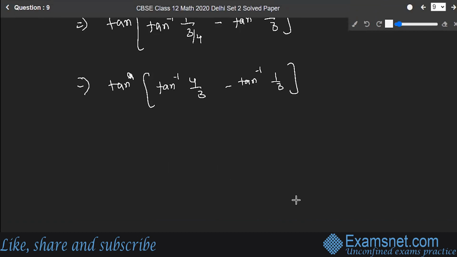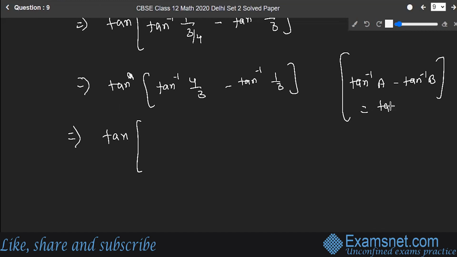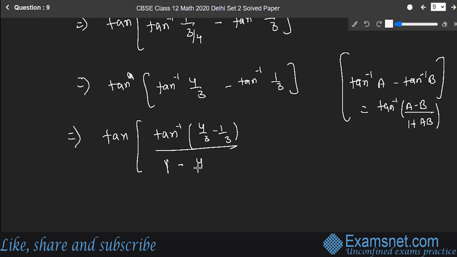So I'm using the formula for tan inverse A minus tan inverse B over here. This formula says it is equal to tan inverse of A minus B upon 1 plus A into B. So using that, this is equal to tan inverse of 4 upon 3 minus 1 upon 3, upon 1 minus 4 upon 3 into 1 upon 3.